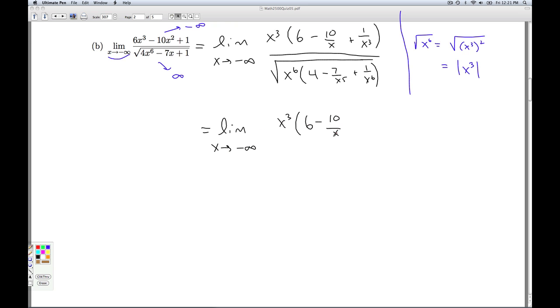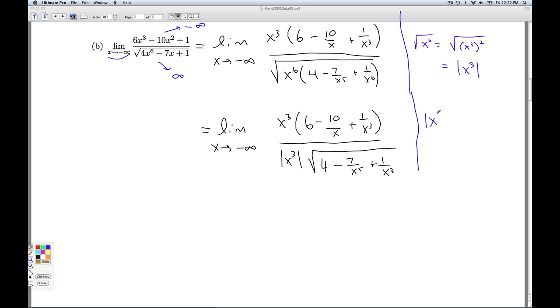So the numerator is what it was. And now I'm simplifying the denominator and pulling out the absolute value of x cubed from the radical. So how do I simplify the absolute value of x cubed? Well, by definition, the absolute value of x cubed is one of two things.